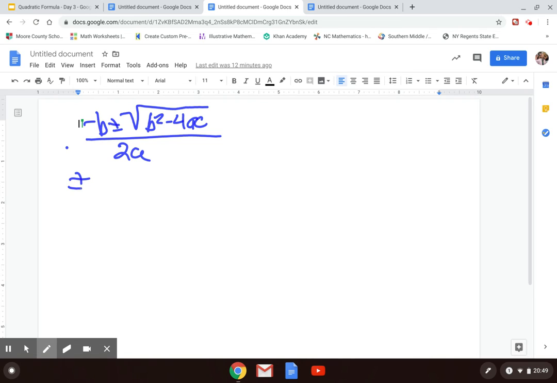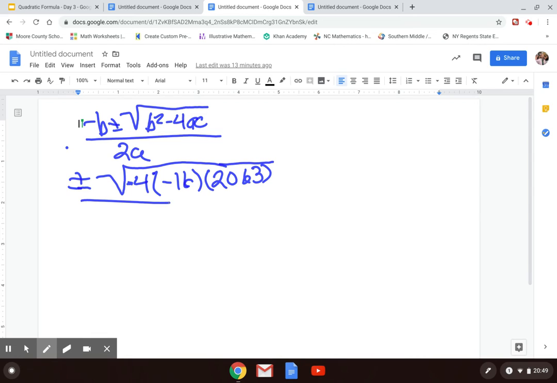So we'll have plus or minus the square root of negative 4 times a, which is negative 16, times 2063, all of that divided by 2 times a, negative 16.